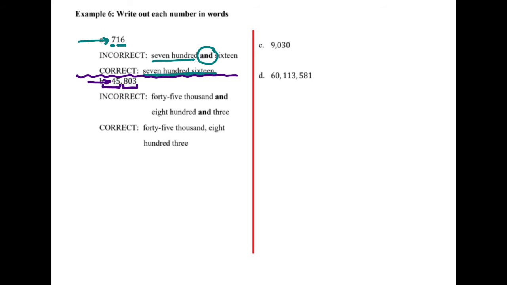So you read that as 45,000. Okay, so 45,000. Now, 803 is what we generally say, but we need to say it correctly. So it's 803. There's no 10, so it's just 803. See?